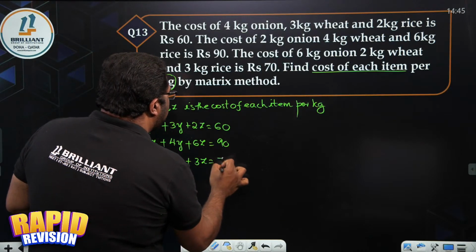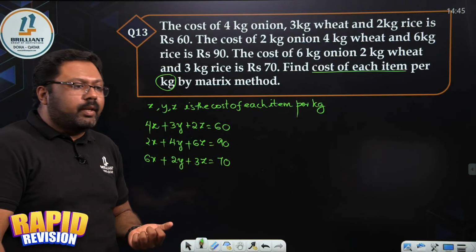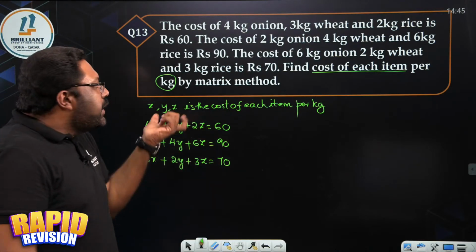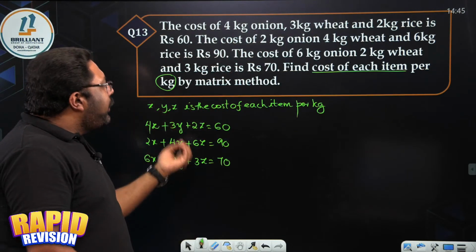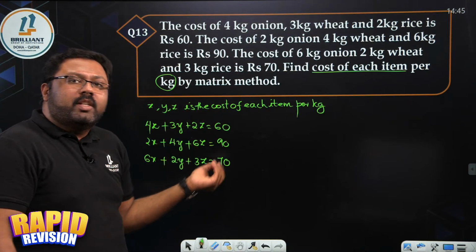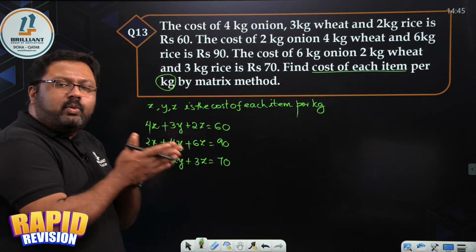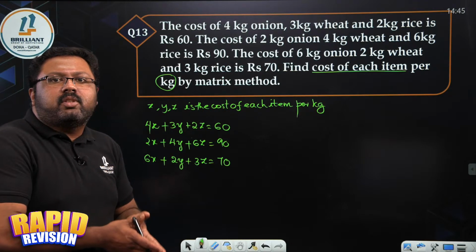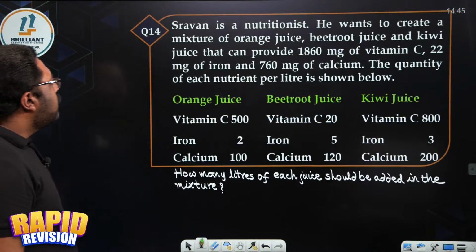Total cost is 70 rupees. So this is the system of equations I formed. You just have to use the numbers in the question, simply relate them with what's x, y, z. It will give you the 3 equations. Just to be on the safer side. Okay? Next question. One more.